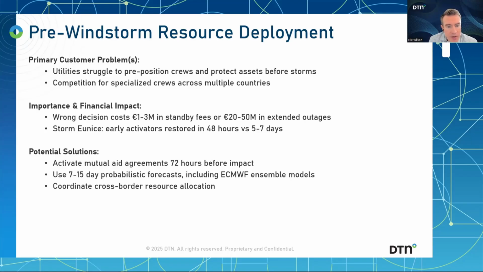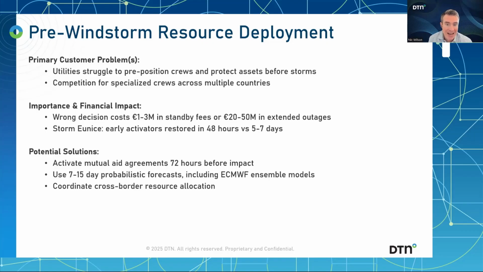If I mention Storm Sierra, Storm Eunice, Storm Kirill, these are European windstorms that have provided substantial impact. They don't respect national borders as an Atlantic low pressure system tracks across the UK, France, Germany, Poland, all in 48 hours. A utility typically has a 72-hour decision window. That's it.